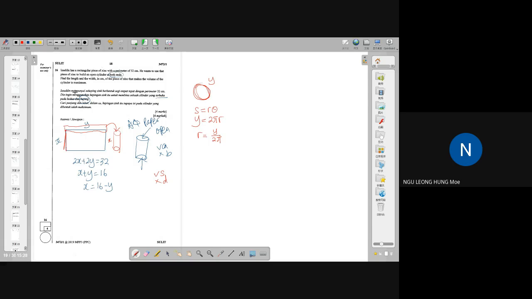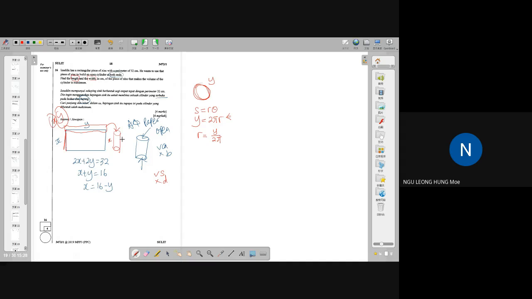Kenapa kita nak cari ini? Sebab dia kata find the length and Y for this piece of zinc. That means kita nak cari S and Y kan? S and Y. So Y kita sudah tahu, Y ialah ini.